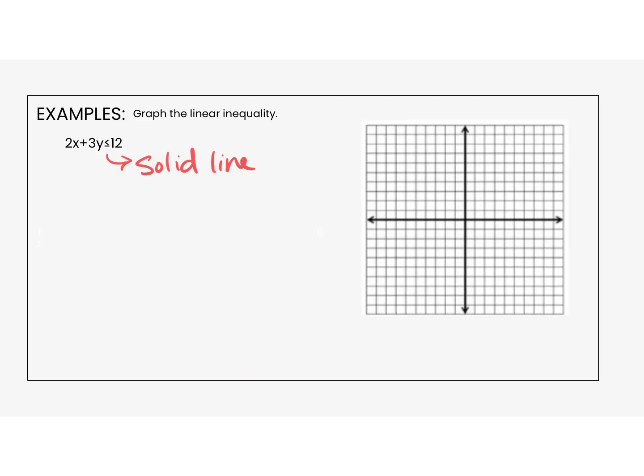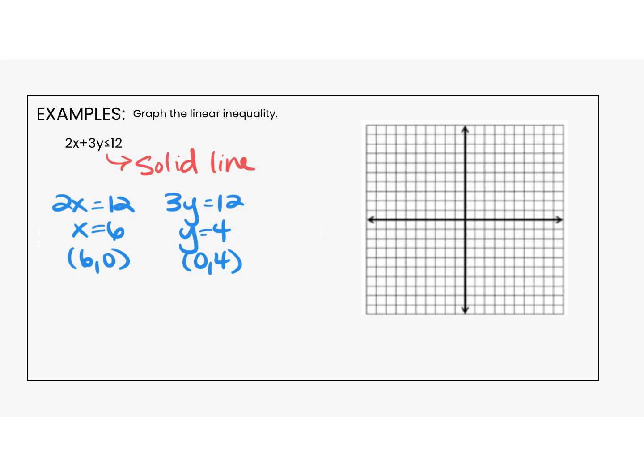Again, just like we did in Unit 1, we're going to plug in 0 for y to find the x-intercept. So I get 2x equals 12, which means that x is 6. So I'm going to graph the point 6, 0. And then I can say 3y equals 12 if I make x 0. So y equals 4. So I'm graphing 0, 4.